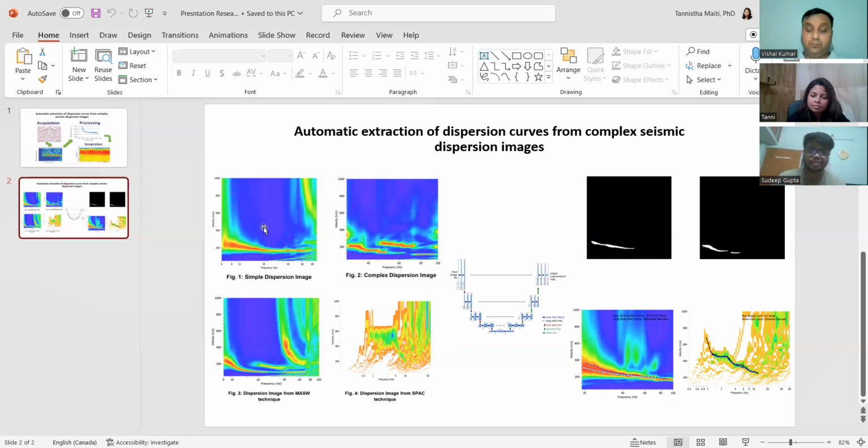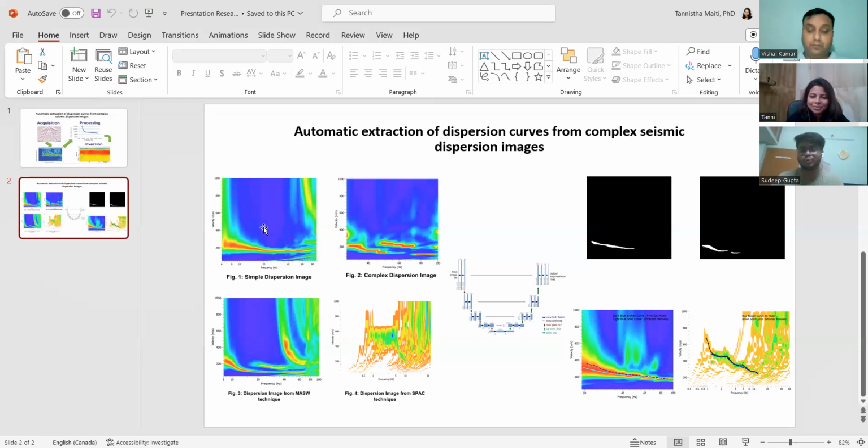which were real dispersion images from our project, and I kind of used transfer learning. I trained my model on these simple dispersion images, for which the data set was huge. Since I had very few complex dispersion images, only like 100, 150 in total, I couldn't really get any meaningful training out of them.